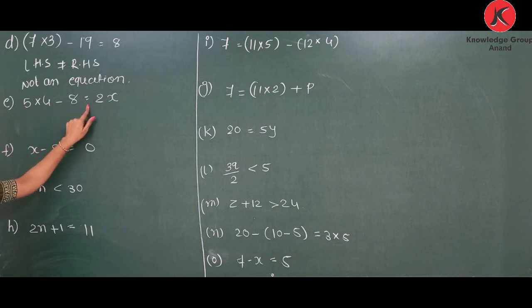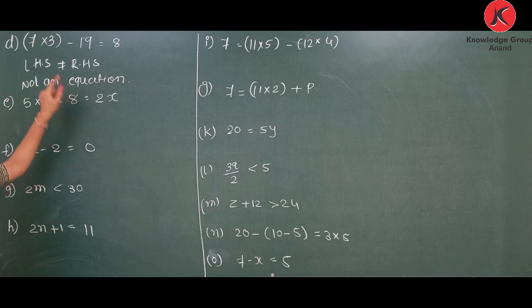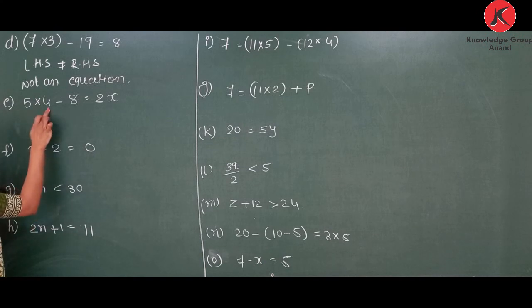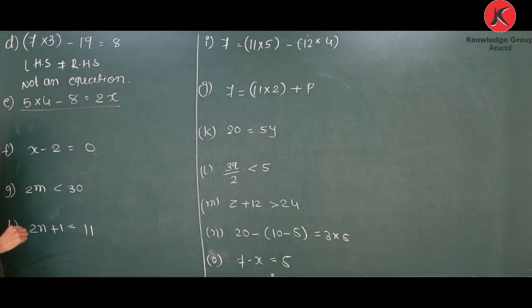Next is 5 multiply 4 minus 8 is equal to 2x. So here an equal to sign is given. Whenever a numerical equation is given, you can check left hand side and right hand side directly. If both are correct and the statement is correct, then it can be a numerical equation. So 5 multiply 4 minus 8 is equal to 2x. Here the equal to sign is given.